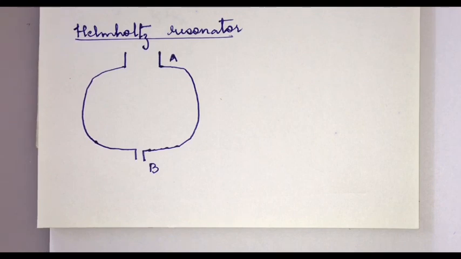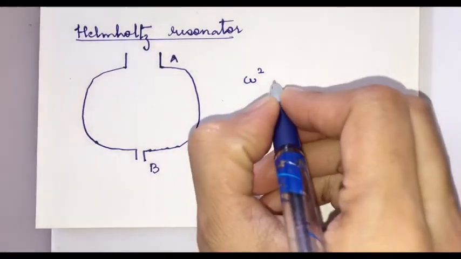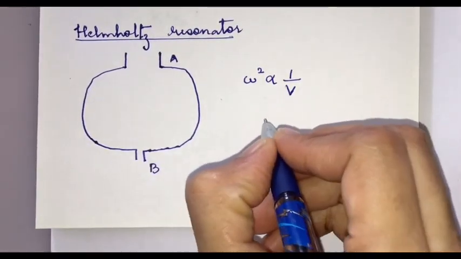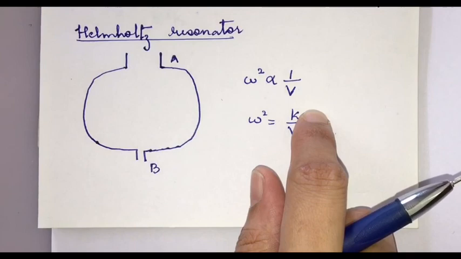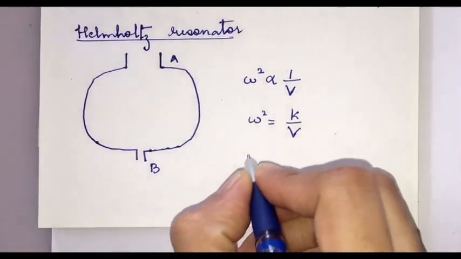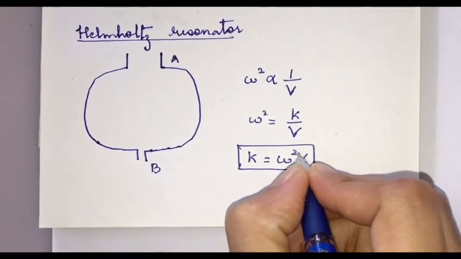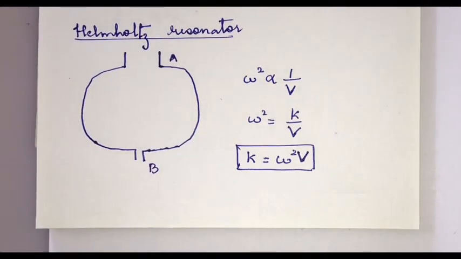It can be shown that the square of the natural frequency of oscillation is inversely proportional to the volume of the resonator V, or you can write omega square equal to K by V, where K is the proportionality constant in order to remove the proportionality symbol, or K equal to omega square V. So for different volumes, you have different amounts of air inside the Helmholtz resonator, which will have different natural frequencies, and you can determine that particular frequency by setting the air inside the Helmholtz resonator into vibration.